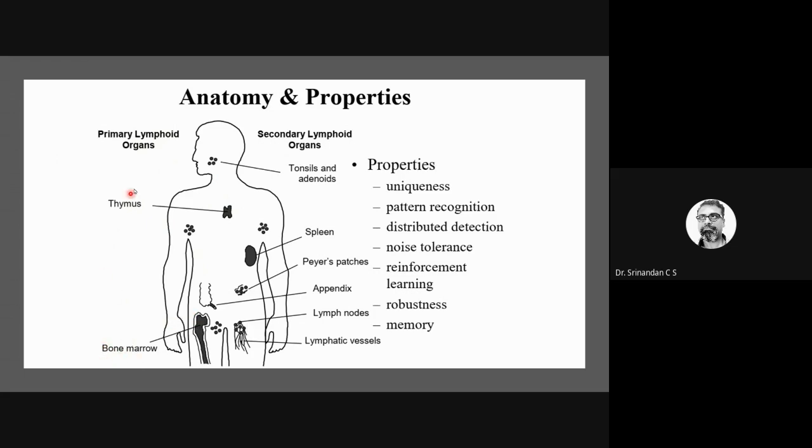These are the places where the maturation of the T and B cells will occur: T cells in the thymus and B cells in the bone marrow. What is maturation? Mature in the sense that they are now able to discriminate between self and non-self.